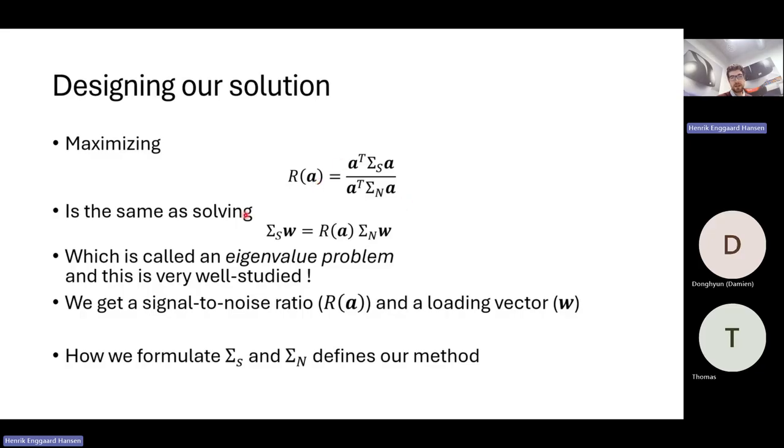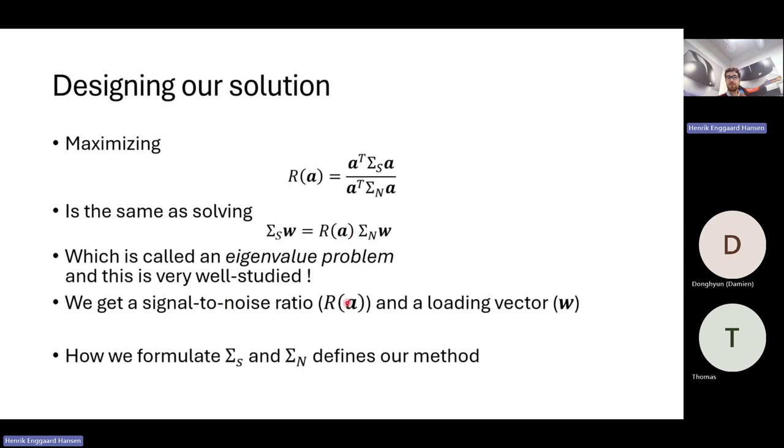By multiplying on both sides, we come down to an expression where the signal covariance multiplied with some weights should be equal to the noise covariance with the weights and some factor. And we want this factor to be as big as possible. It turns out that expressed this way, it looks very much like something called an eigenvalue problem. This is very well studied, for those who are not familiar with the concept, and it allows us to use general and very powerful methods to get good results.